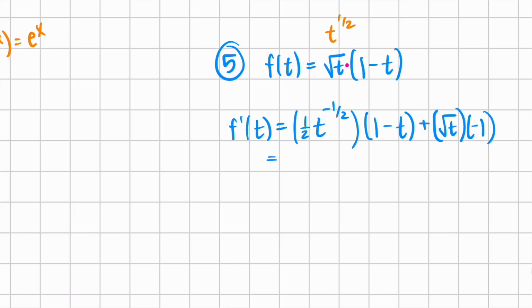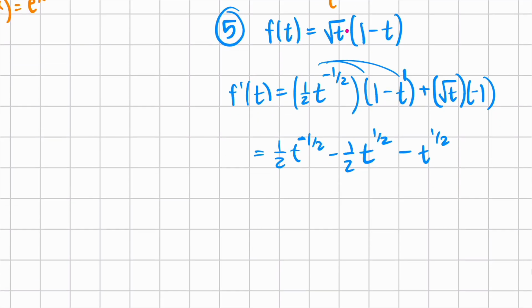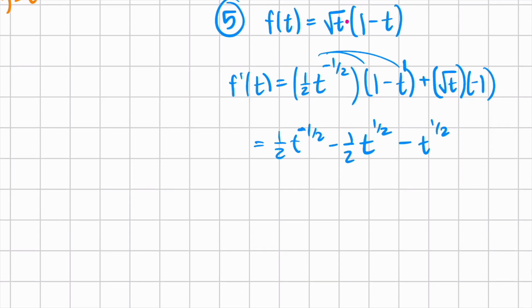Simplify from there. I'm going to distribute. I have 1/2 t to the negative 1/2 minus 1/2 t, 1 t to the 1 minus 1/2 is 1/2, minus, this is another t to the 1/2. Let's combine like terms.